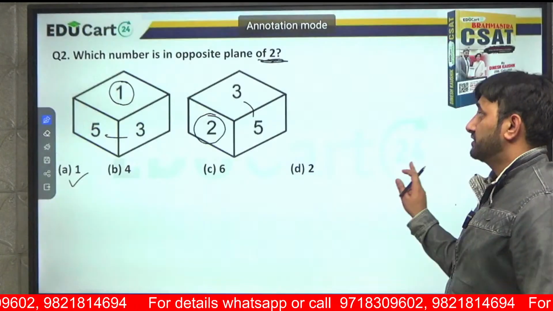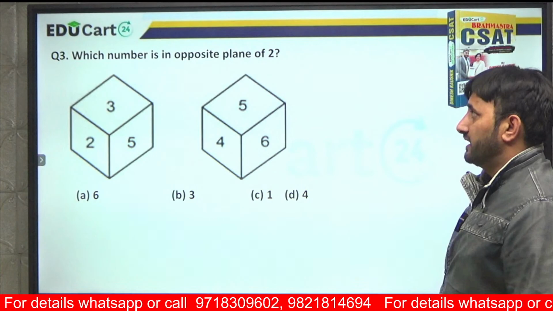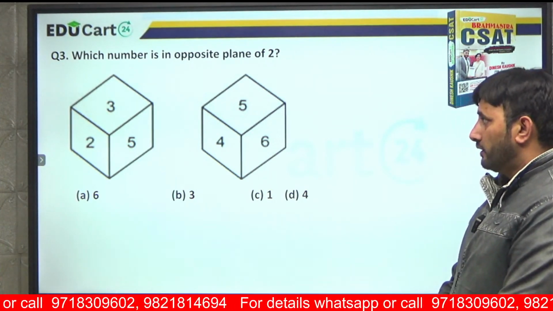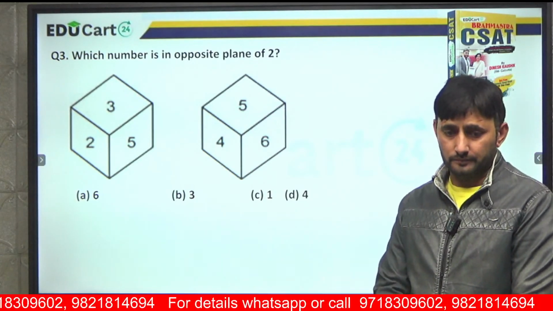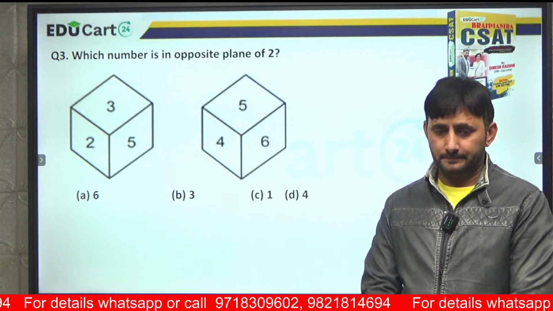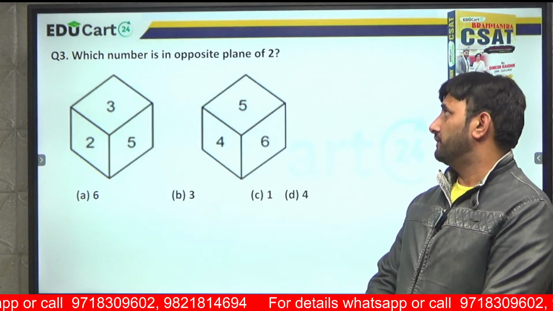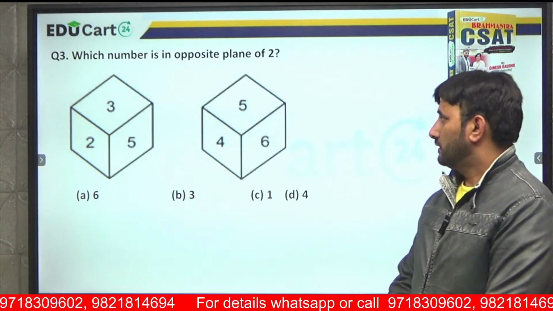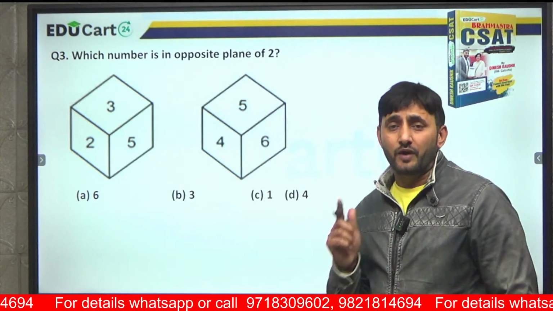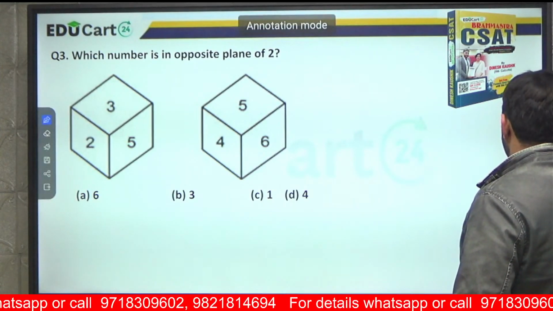Let's move to the next question. Which number is in the opposite plane of 2? In this case, there is only one common face, and that common face is 5. So you can apply the first rule.